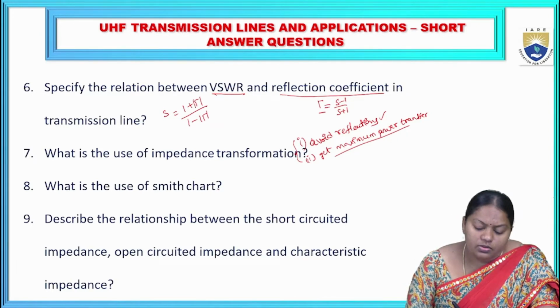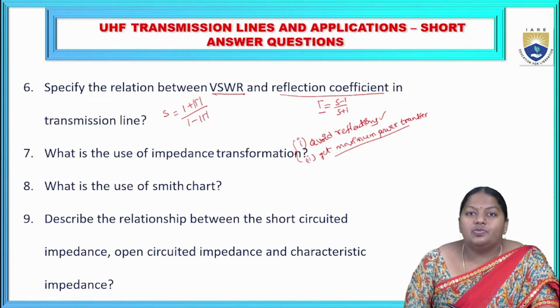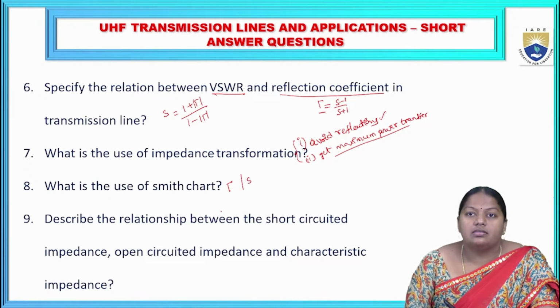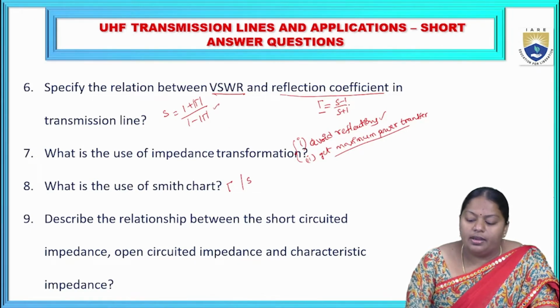Then what is the use of Smith chart? Generally the Smith chart is a graphical tool which is used to represent the reflection coefficient gamma and the VSWR, the standing wave ratio, as S. Mathematically we can write the formulas as S equal to 1 plus gamma by 1 minus gamma and gamma equal to S minus 1 by S plus 1.